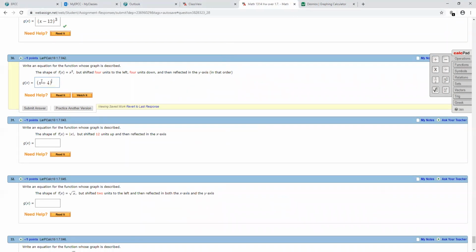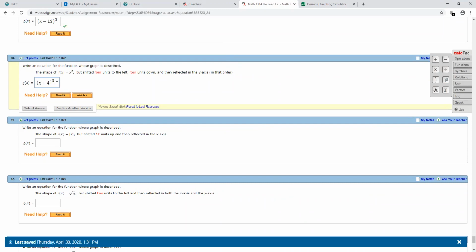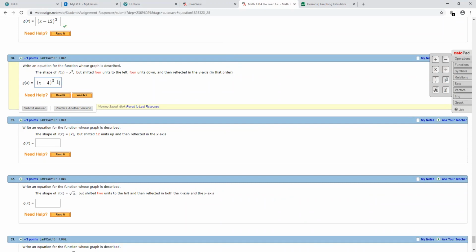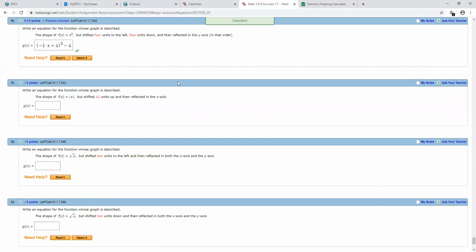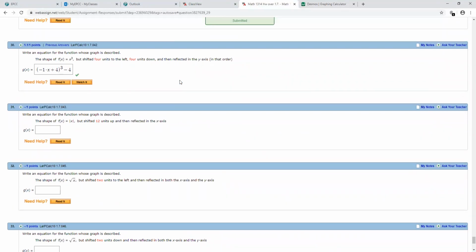We're just writing our final answer, I guess, right? So okay. X plus 4 X cubed, and then -4, and then a -1, inside. Okay. Very good. Good job, Megan.